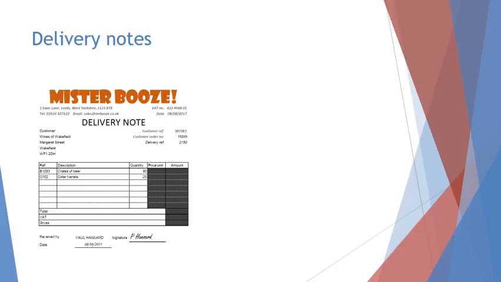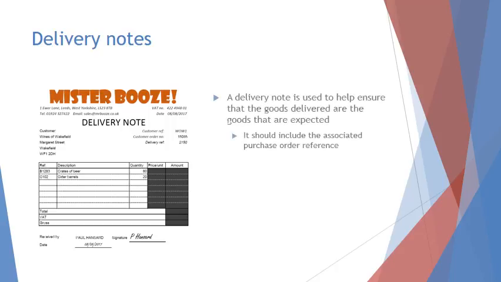Then we have delivery notes. Now, a delivery note is prepared by the supplier or the seller of the goods, and it's useful to help ensure that the goods that are delivered are the goods that are expected. So it's going to include details of the goods that are being delivered at that particular time.